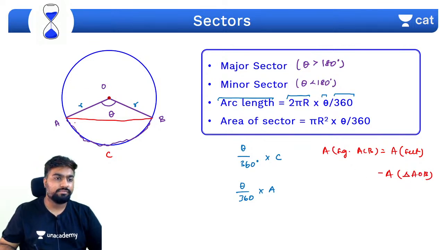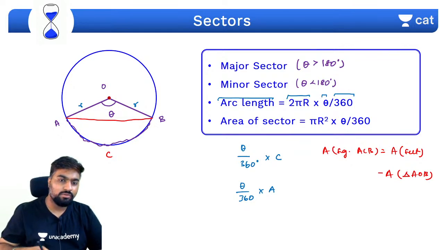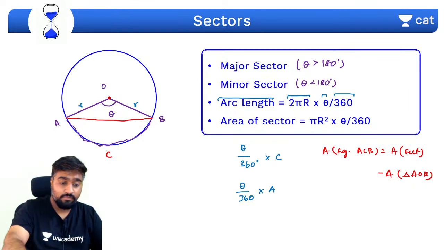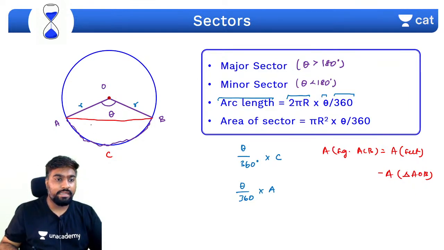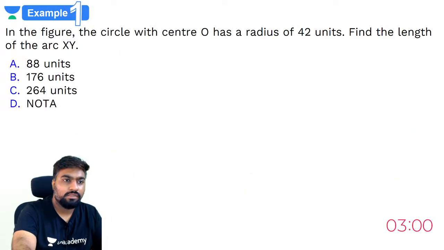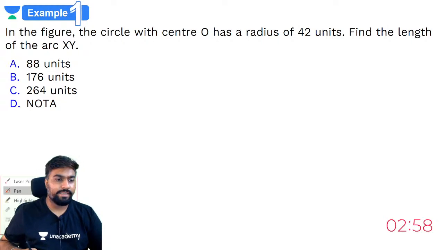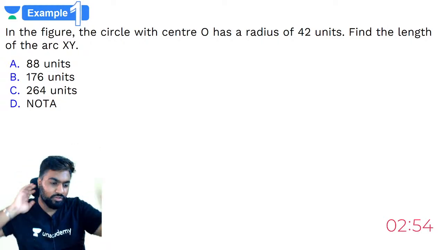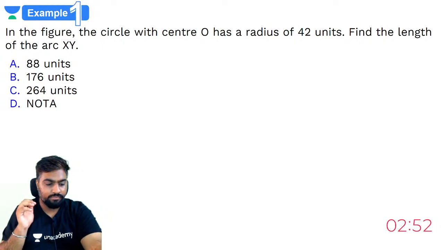Understood? You take the entire area, you subtract that of the triangle, and you will get this. Cool. Here's an example question. Quickly try this, just to see if you've understood whatever we've spoken so far.